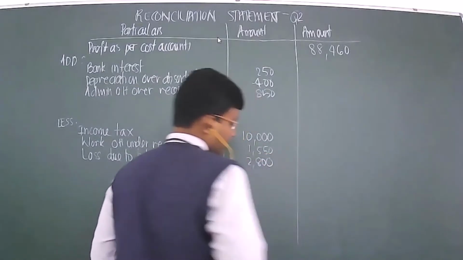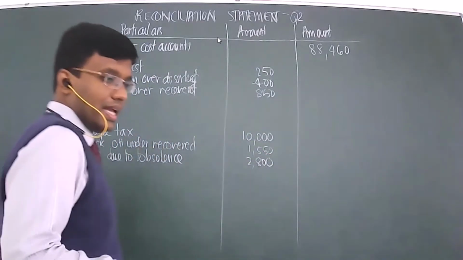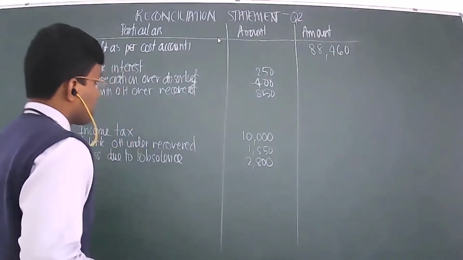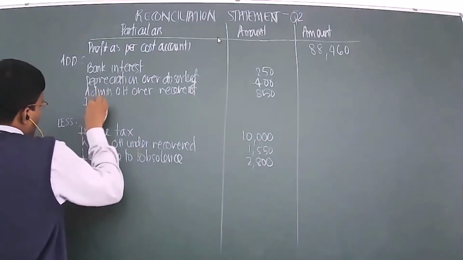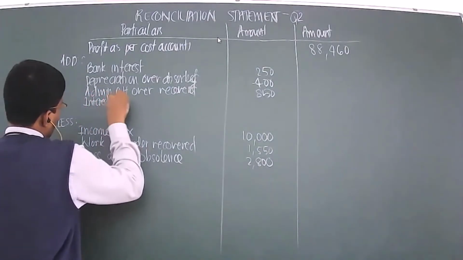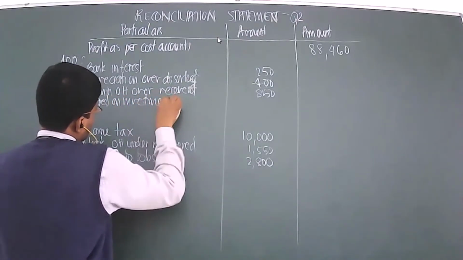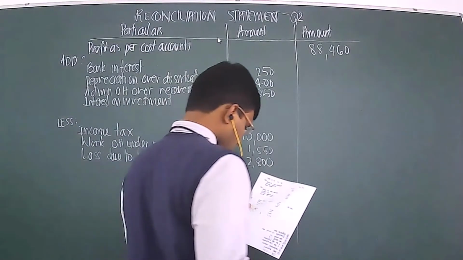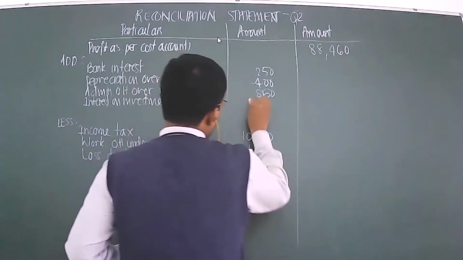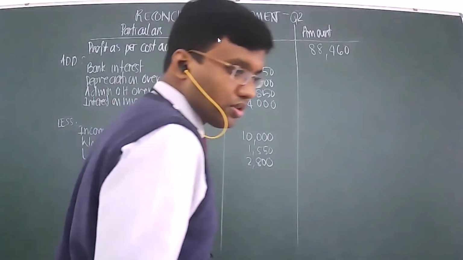Next, we have interest on investment. That is a financial income, and the amount is 4,000.